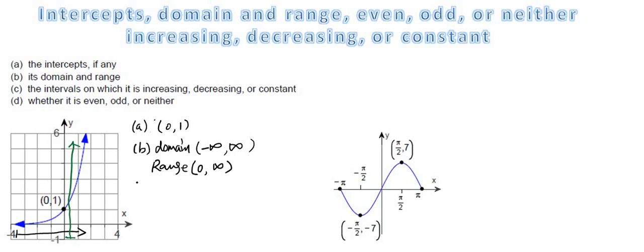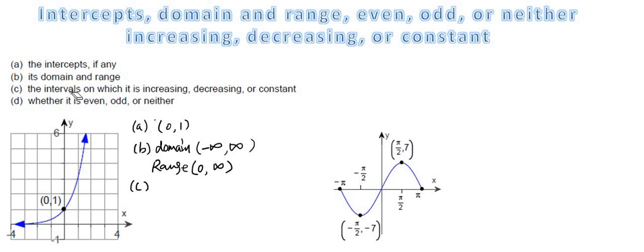Now, C. The intervals on which it is increasing, decreasing, or constant. Okay, here be careful. Increasing, decreasing, or constant is about x values or x intervals.